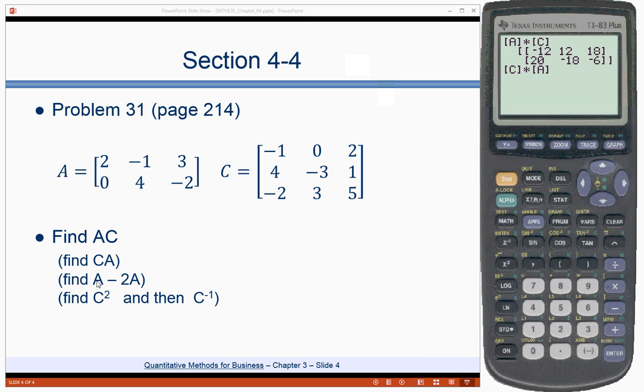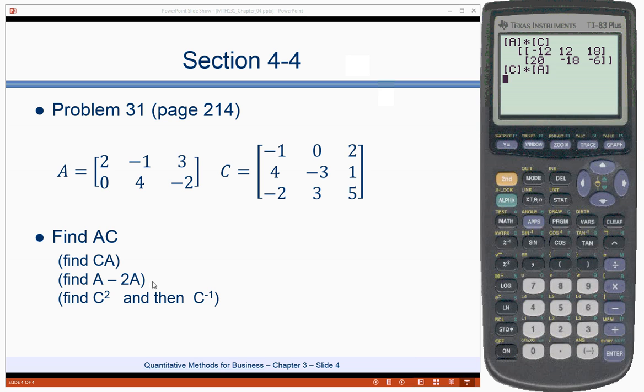Let's see if I'm going to take A and subtract 2 times A. I can't do add and subtract operations between A and C because you can only add and subtract matrices that have the same exact number of rows and columns. I'd either have to remove a row from C or add a row to A so that they would both be the same size.